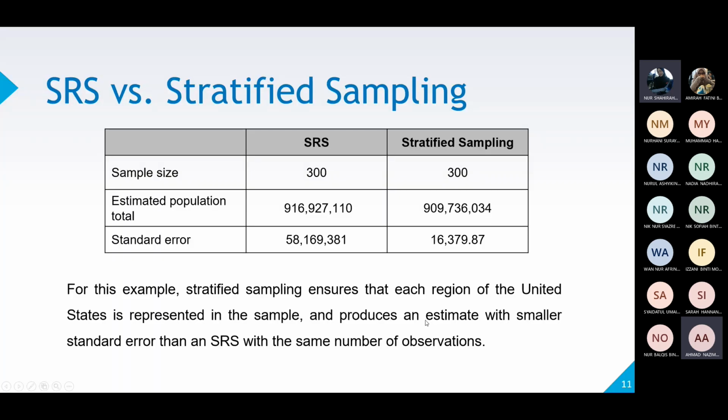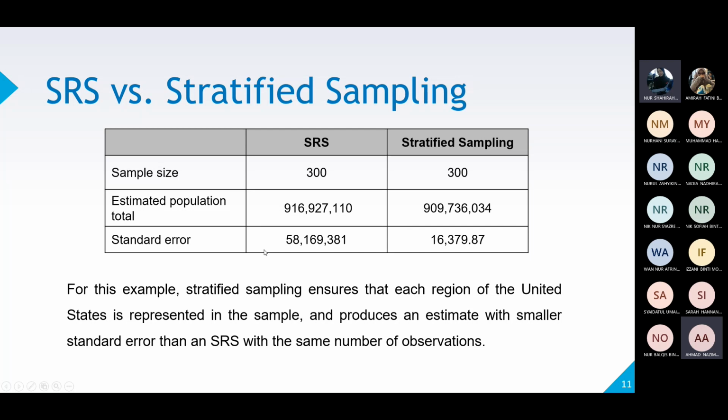All right. Now let's compare the simple random sampling and stratified random sampling further. By using the same sample size, you will get the estimated population total of simple random sampling as 916,000. But for the stratified sampling, it is 909,000.